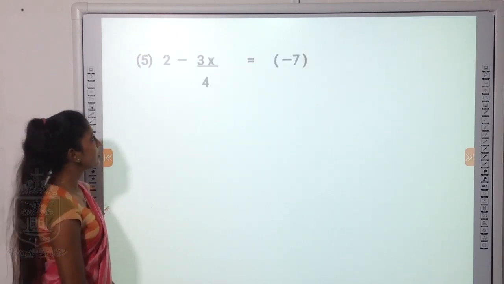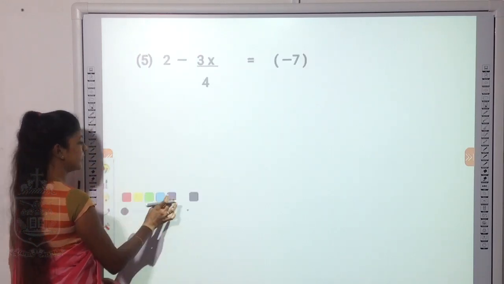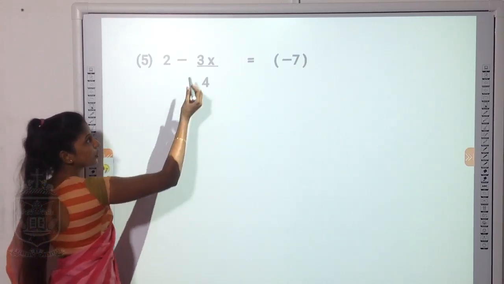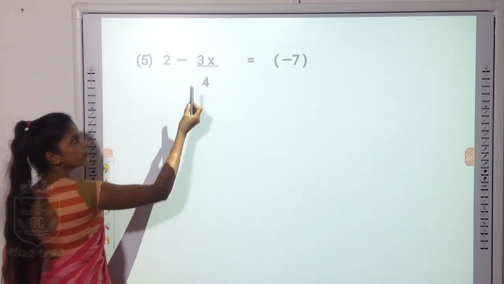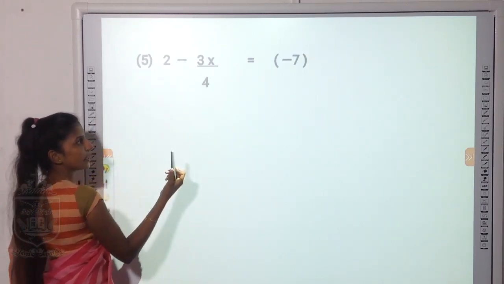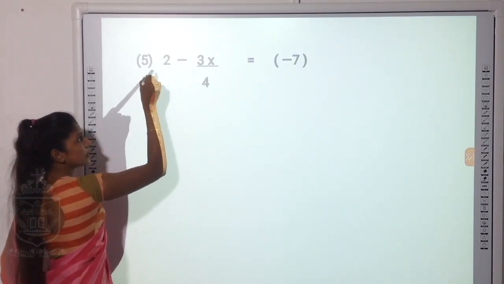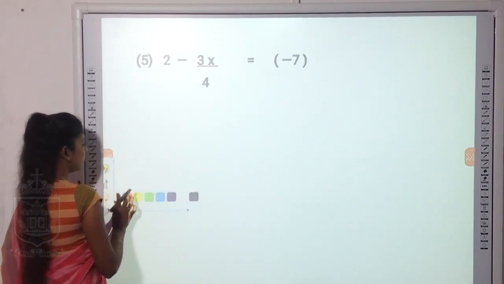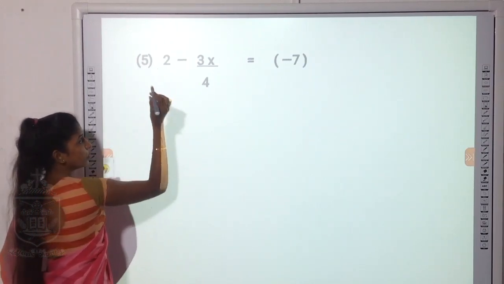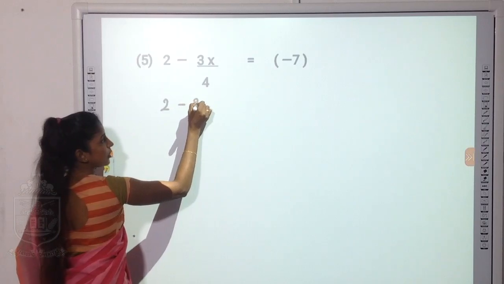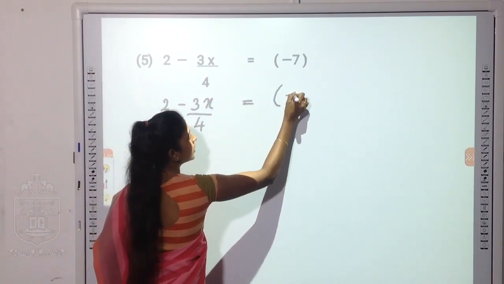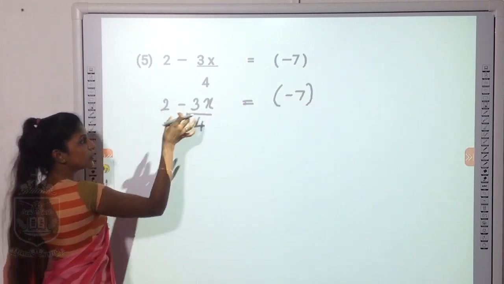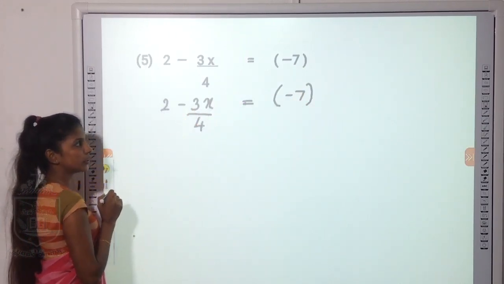Right, another one there. So here, when simplifying these types of equations, you can see this 3x over 4 has a negative value. Okay, 3x over 4 has a negative sign, and you have 2 that is positive 2. So when you are removing this 2, now I told as the previous example, you have to always remove the number which is not connected with this unknown term or the variable.